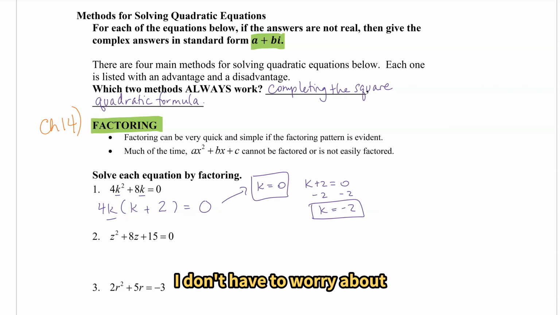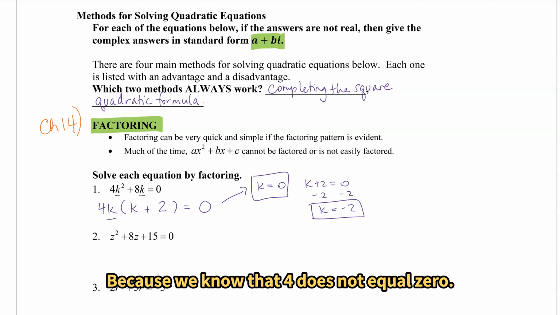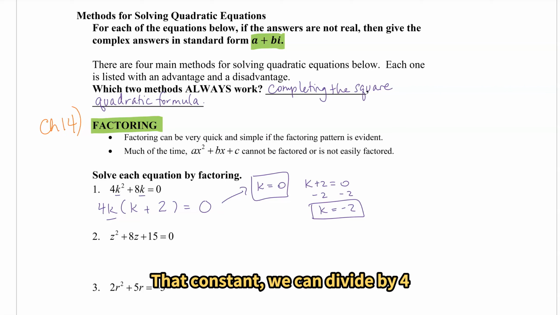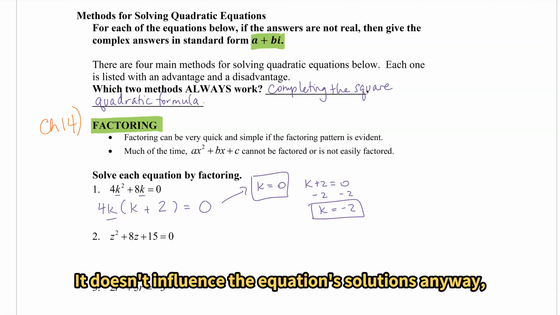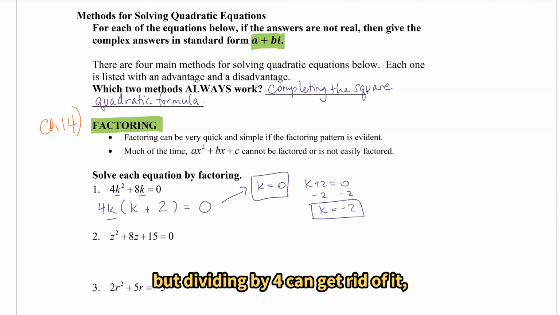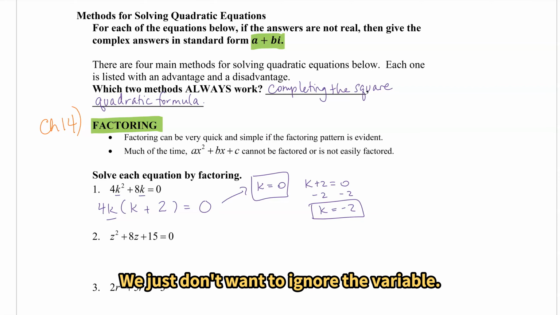I don't have to worry about setting the 4 equal to 0 because we know that 4 does not equal 0. That constant we can divide by 4 and it no longer influences the equation. It doesn't influence the equation solutions anyway, but dividing by 4 can get rid of it, or we can just ignore that constant. We just don't want to ignore the variable.